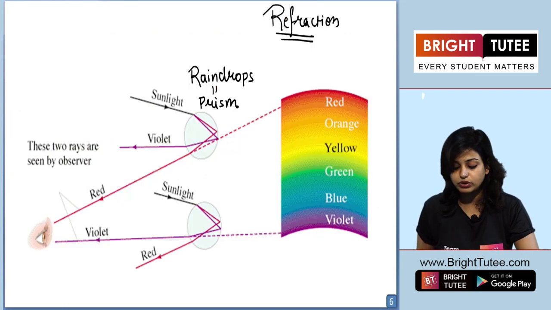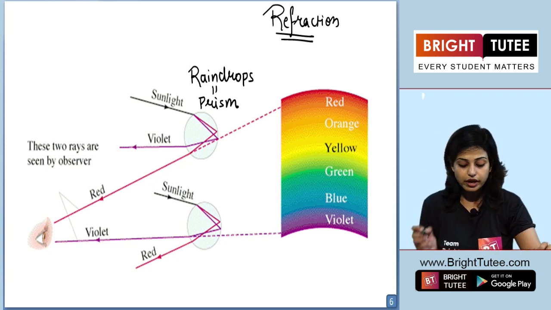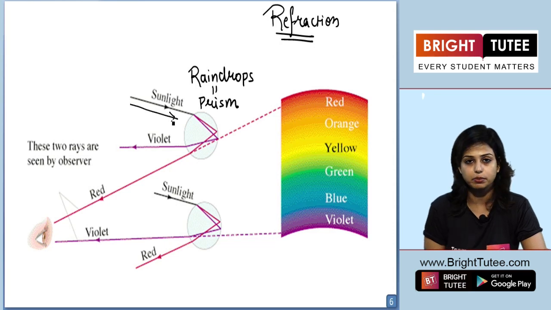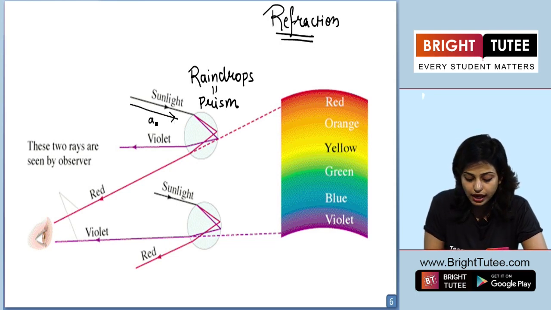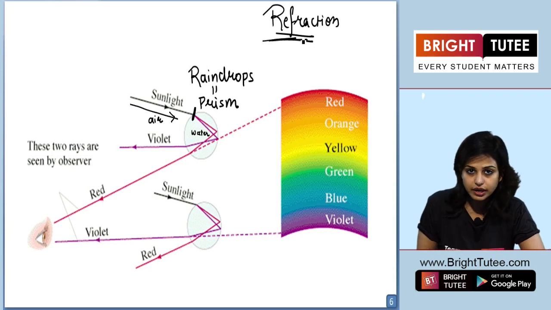Now let's come down and understand what happens inside a raindrop. When the sunlight falls on a raindrop, what happens? From air, it reaches another medium, that is water. And at this point, what will happen, students? Number 1, refraction, right?